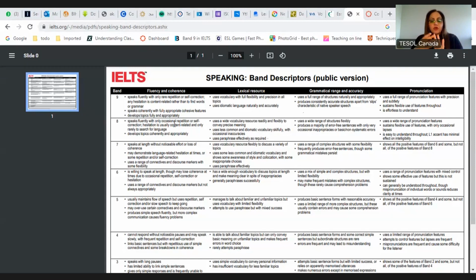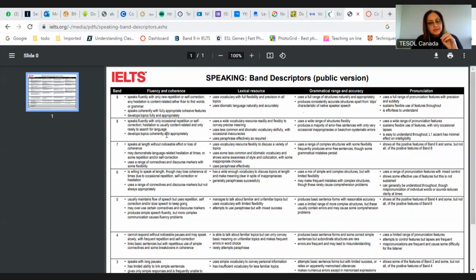There are 4 criteria for the speaking test, and 25% of the whole mark goes to each: fluency and coherence, lexical resource, grammatical range and accuracy, and pronunciation. As you see, there's nothing for accent, so don't worry about the accent.